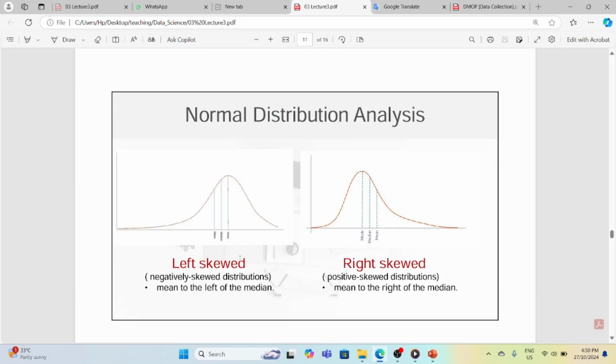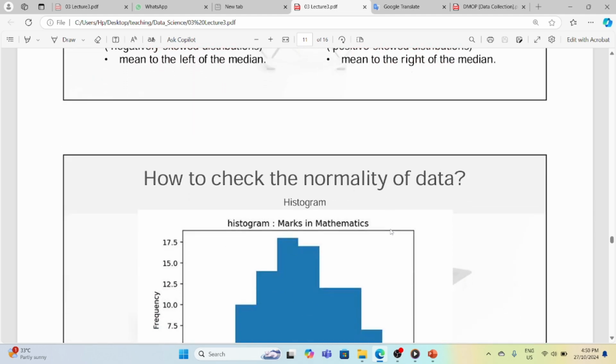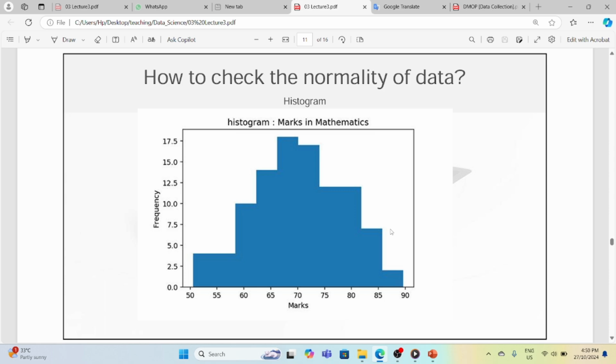Okay. So if in this graph, if it is left skewed, it means the mean is to the left of the median, and right skewed means the mean is to the right of the median. How to check the normality of the data? In the histogram it is also the same.